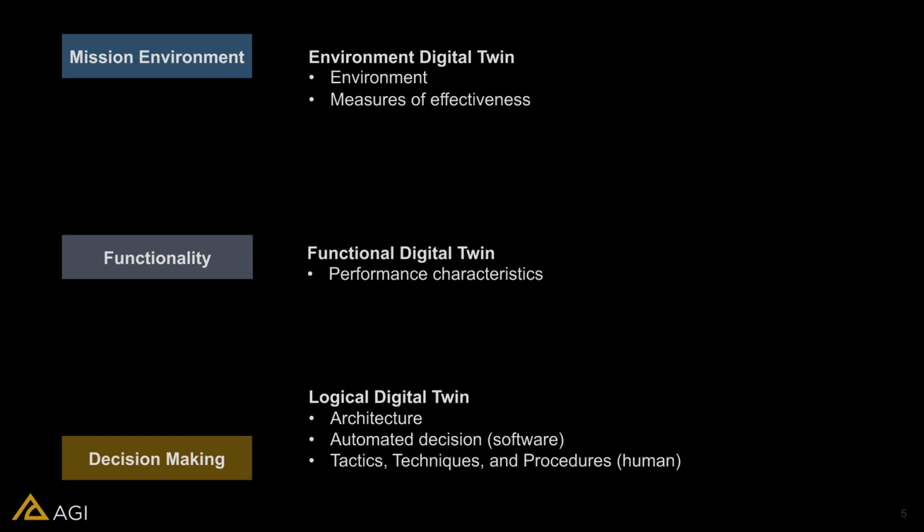Separately from that, we have our engineering modeling and simulation where we're evaluating performance and functionality. So we've got digital twins that are being produced in that domain as well. And lastly, as a general category, we have the logical models, the decision-making representations that we capture in a variety of ways.